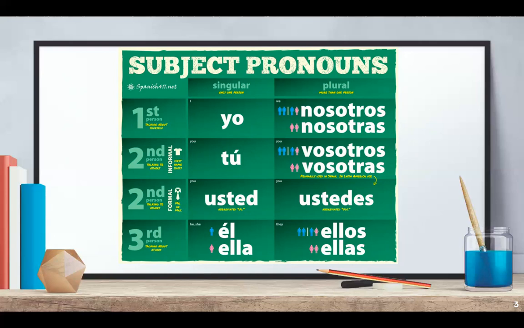Now, the third person singular is either él or ella, and that's when we're talking about others, he or she. And then when we make that plural, it's either ellos, if it's all men or men and women together, or ellas, all women. So hopefully you've gotten that down from the first chapter.